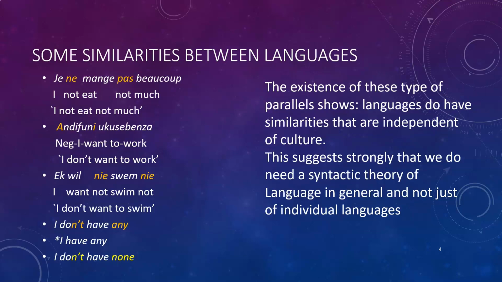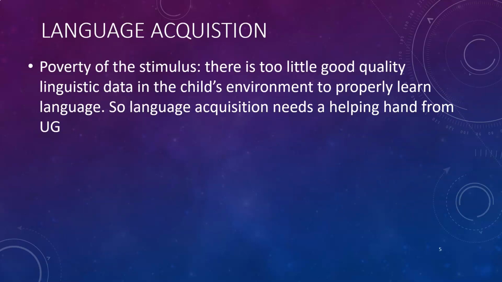Some of the longest standing and most traditional arguments for universal grammar come from the area of language acquisition by small children. Chomsky argued that language acquisition contexts were characterized by something called the poverty of the stimulus. What he meant by that was that real language, when you listen to it, is very chopped up, lots of incomplete sentences, there's a lot of ungrammaticality, there's a lot of stops and starts, and not all kinds of constructions are equally well represented.